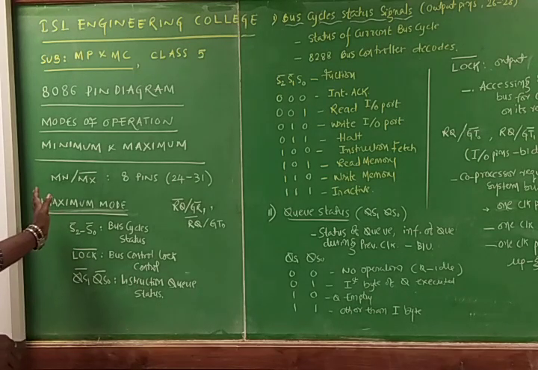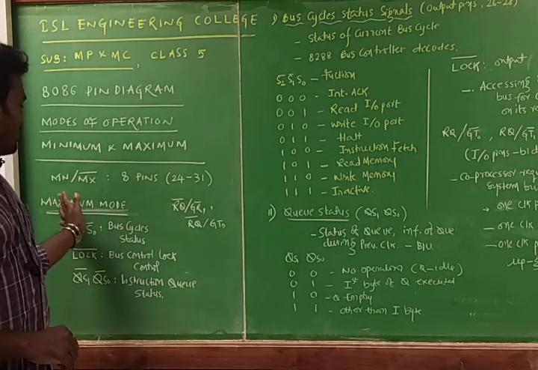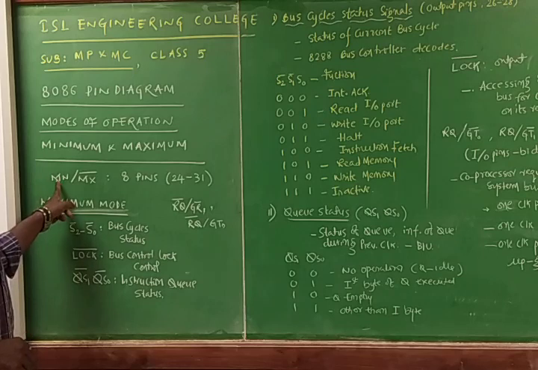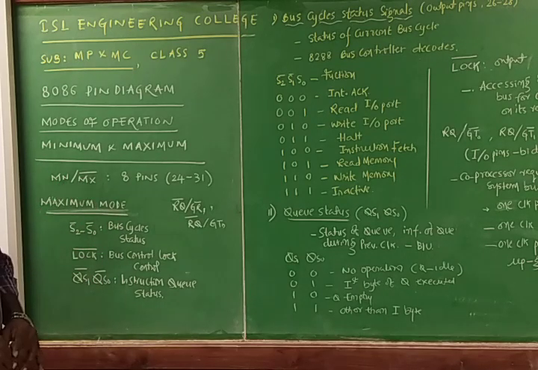In the 8086 microprocessor, we can find 1 pin out of the 40 pins that is nothing but MN/MX bar. MN indicates the minimum mode of operation, MX bar indicates the maximum mode of operation.